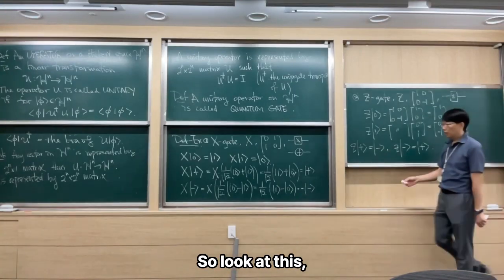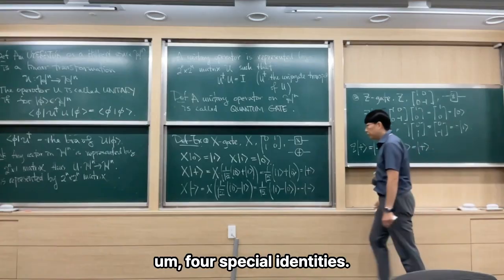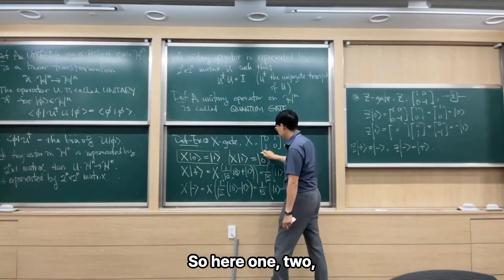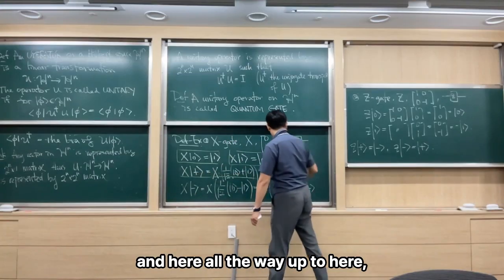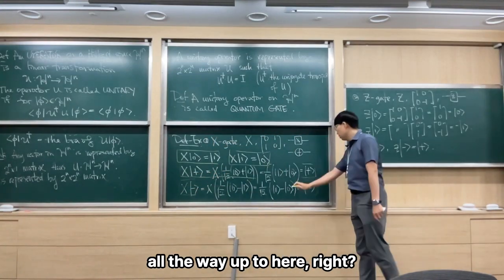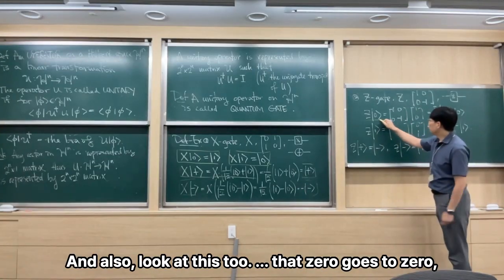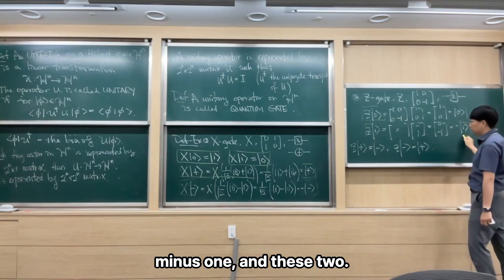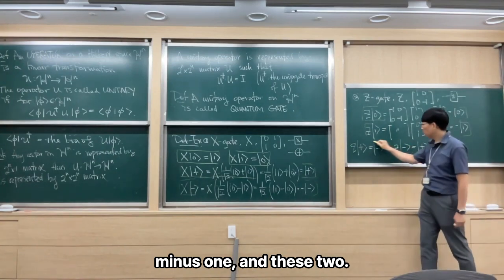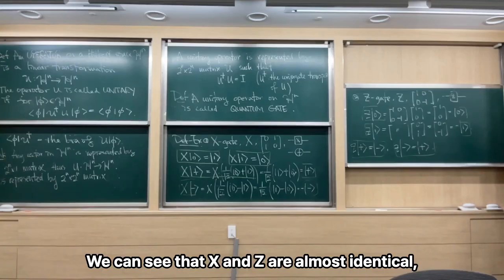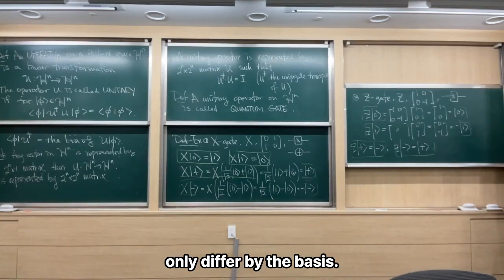So look at these 4 special identities. So here 1, 2, and here all the way up to here, and here again all the way up to here, right? And also look at these two. Z0 goes to 0, and Z1 goes to minus 1, and these two. You can see that X and Z are almost identical, only differing by the bases.